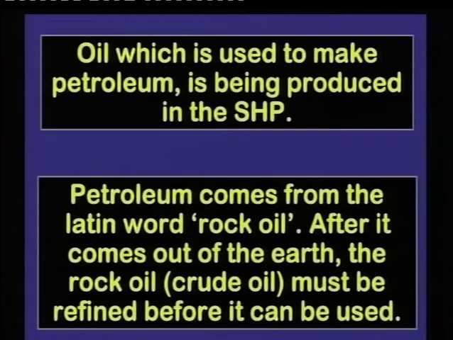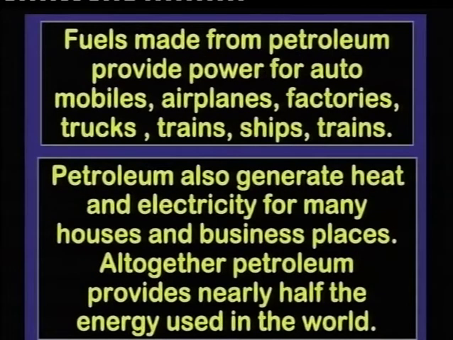After it comes out of the earth, the rock oil or crude oil must be refined before it can be used. So simply, what does petroleum mean? Rock oil or oil. Petroleum simply means oil.